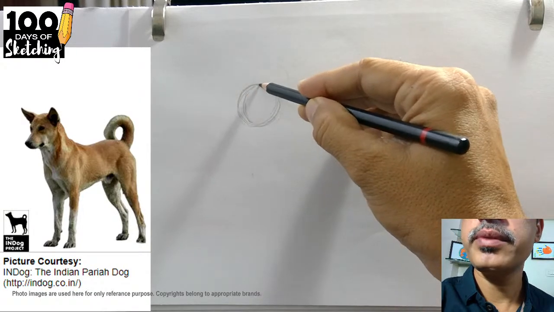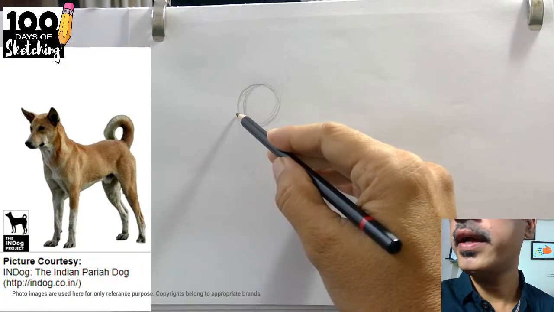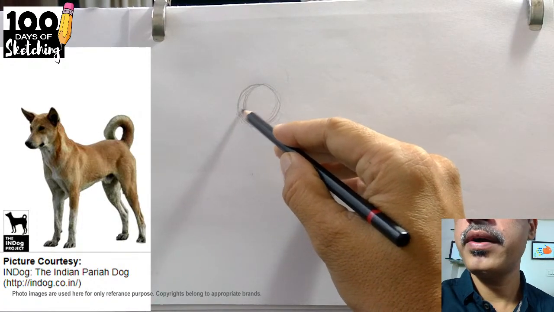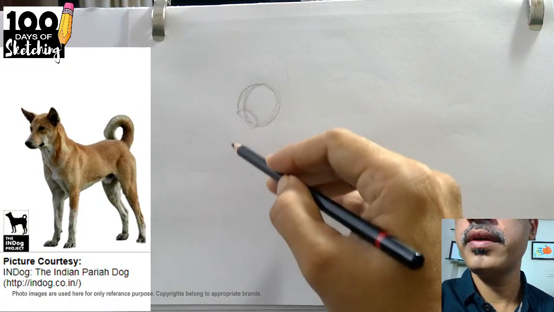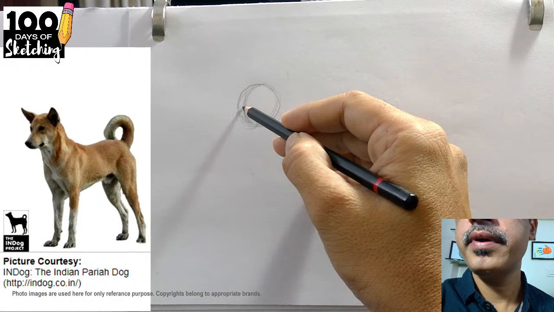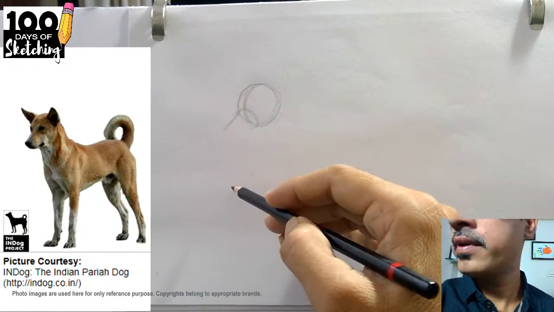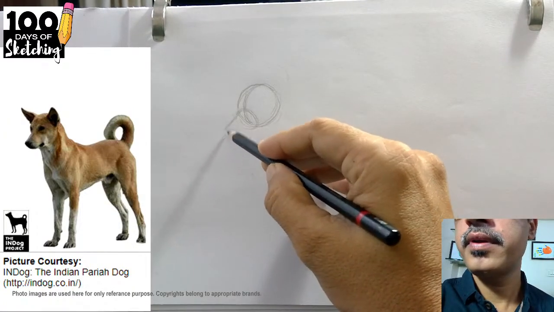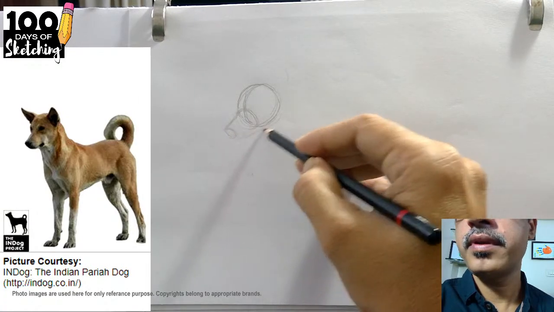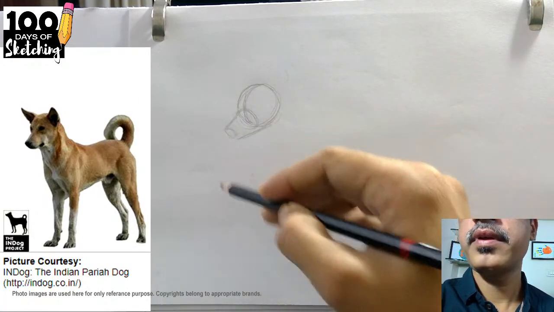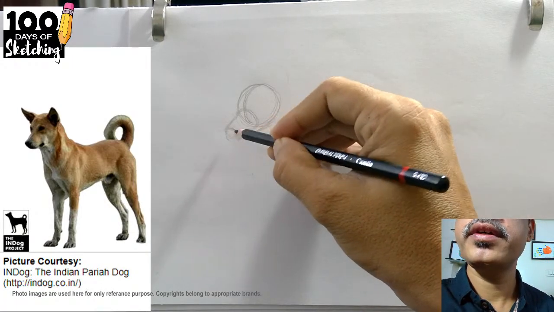So this is what the contour line should be, and here I again attach one shape, sort of a cylindrical form you can see here.